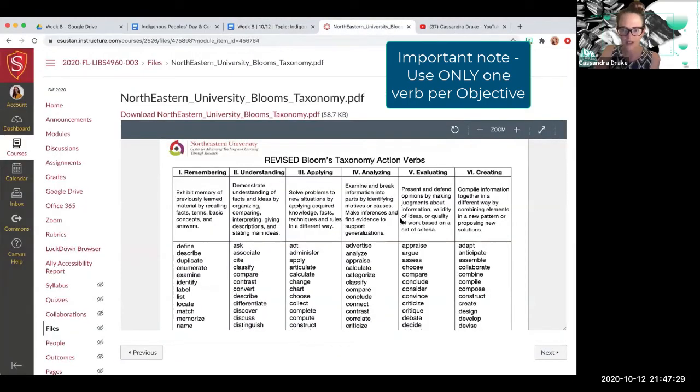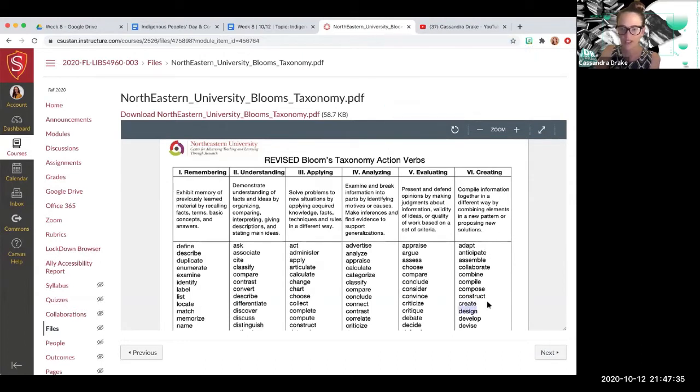Based on this, I could say create, or I could say design, but I'm still holding to that construct. So you can use the verb that is present within the standard, or you can use it to understand where it sits from lower order to higher order thinking, and use a verb within that same area.